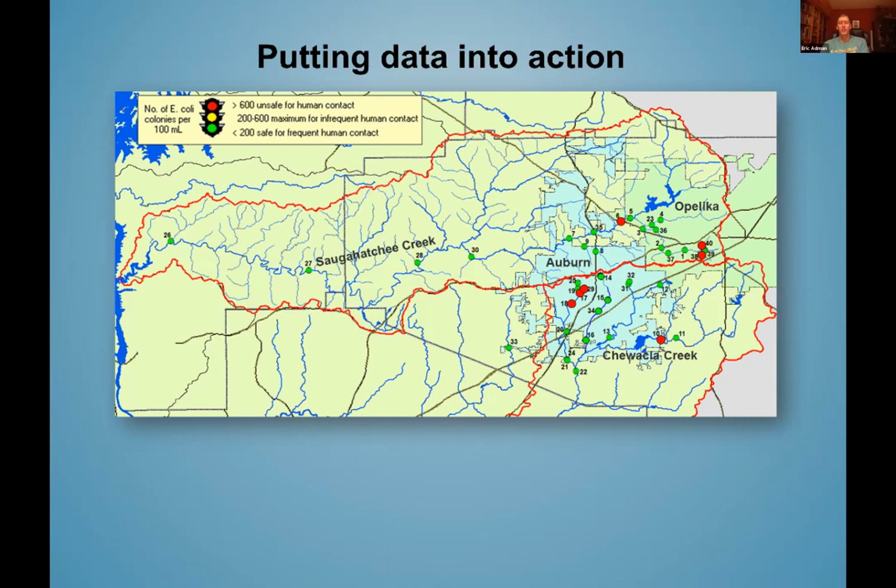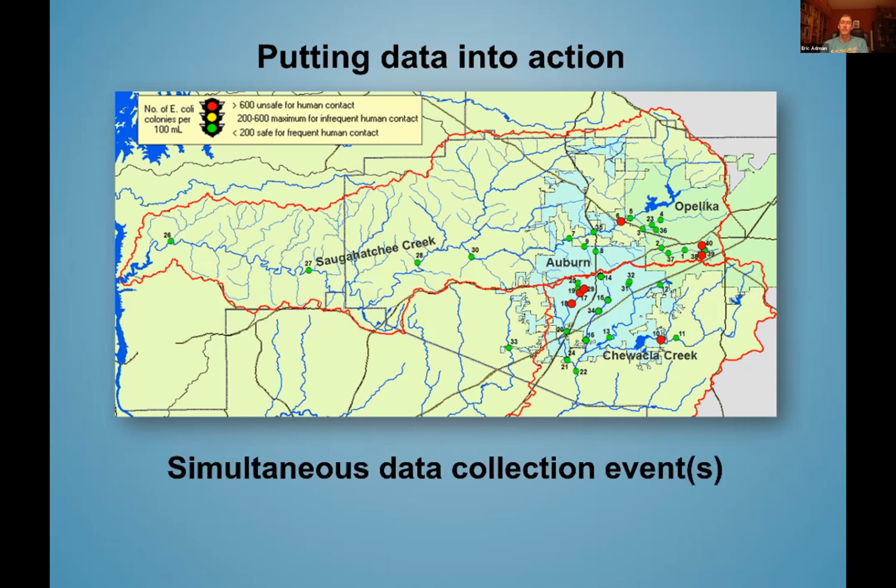Here's another example of what you can do with data. If you have multiple sites within a given watershed, you can collect data simultaneously at those sites. This example is from Alabama, but we had a local example in Seattle in the Thornton Creek watershed. They started doing a bi-monthly simultaneous data collection event at different sites throughout the watershed. They did it the same day of the week and the same time of day, twice a month at multiple sites.